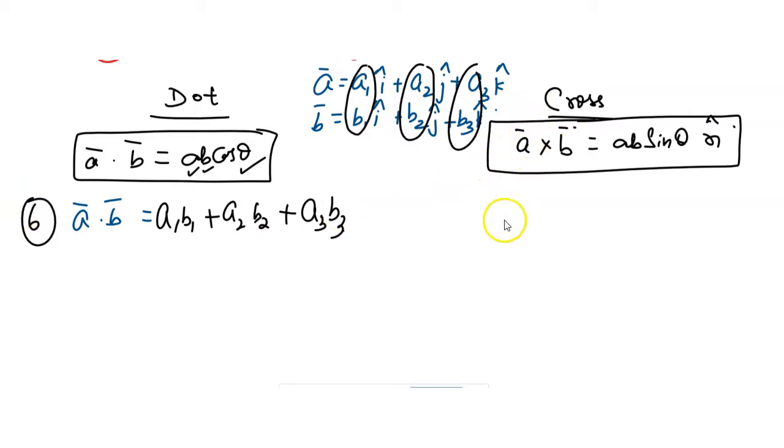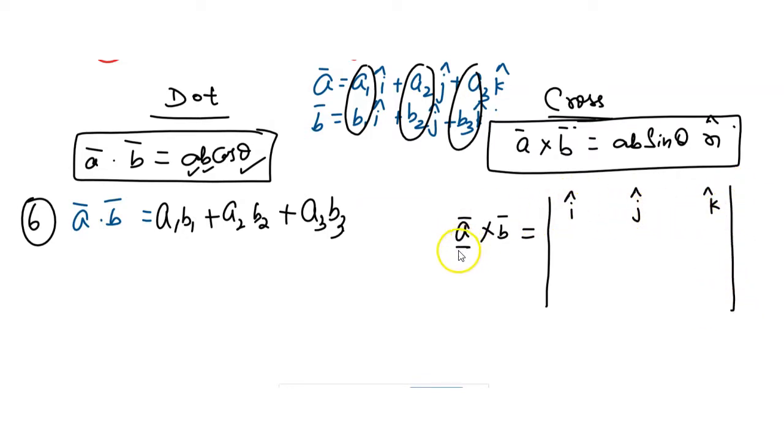And for the cross, we have a determinant. We have to use the rule of determinant to find the cross product, and that should give us a vector. So let us see how to use the determinant. We will just remember the way, because for now it's not the right time to discuss the determinant, as it is of the 12th syllabus. So first we'll write i, j and k cap.